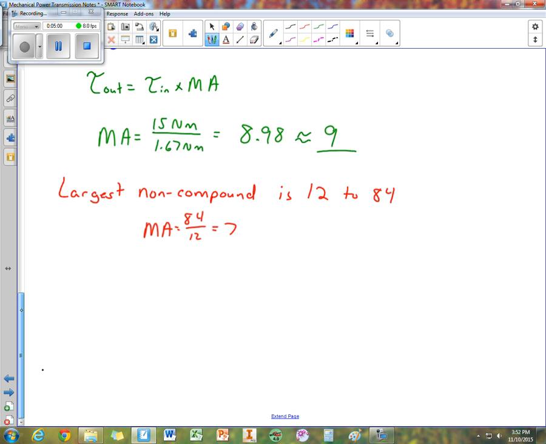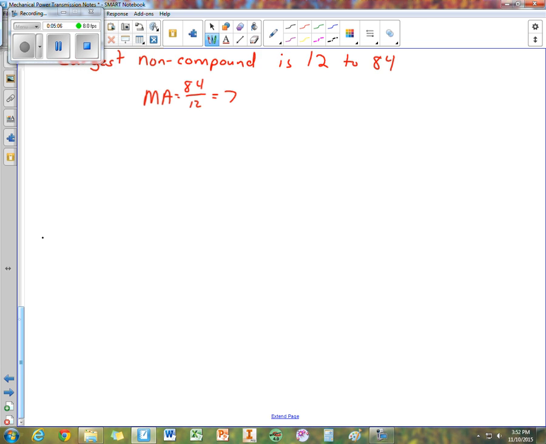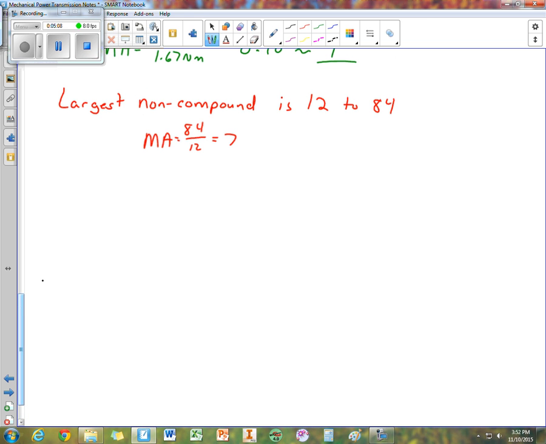So with this compound system, looking at the different lists, I think what would work nicely is if I did a 12 to an 84, and then in the compound did a 36 to a 60.